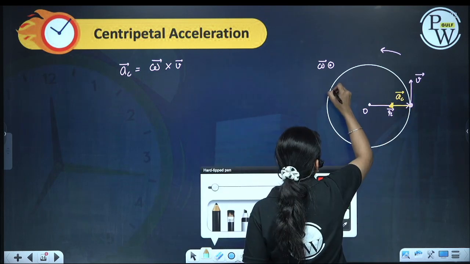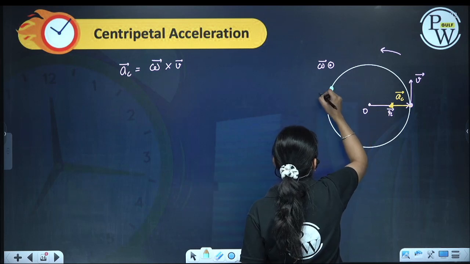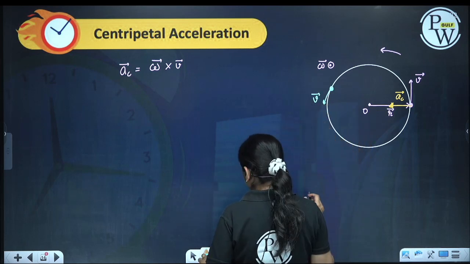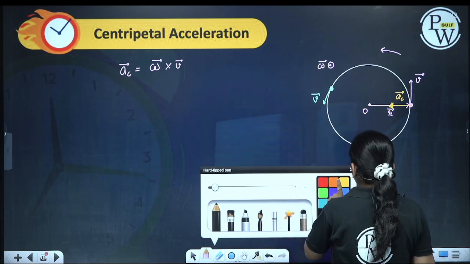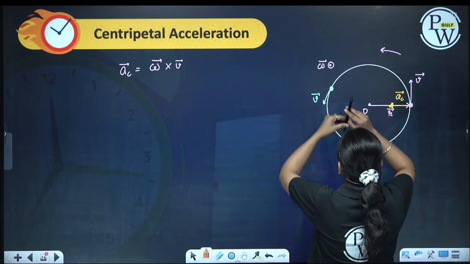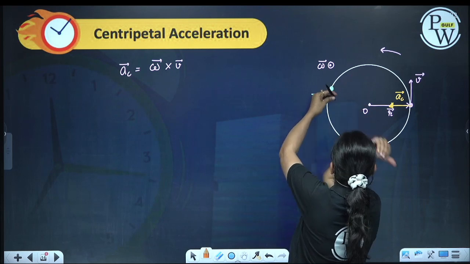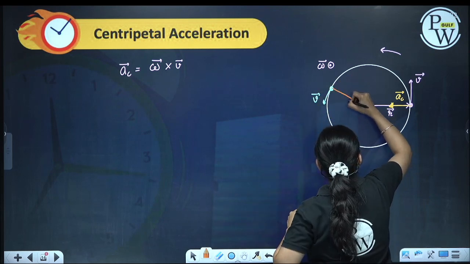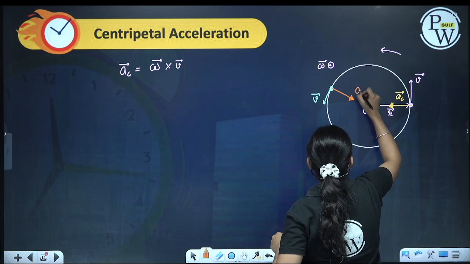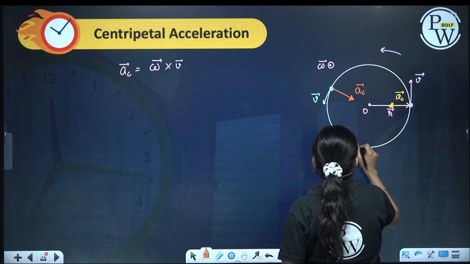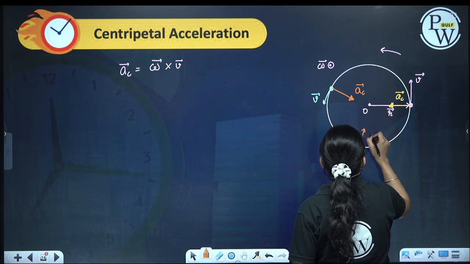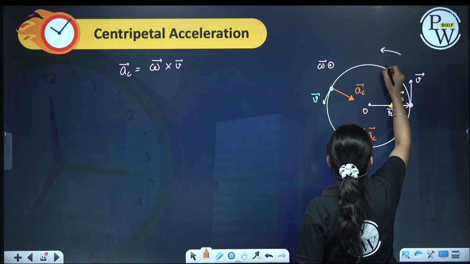Now do the same for here. This will be my velocity vector. Omega is outwards only. So curl your fingers from omega to V, we get a vector like this. This is my centripetal acceleration. If we want to find it here, this is my centripetal acceleration here.